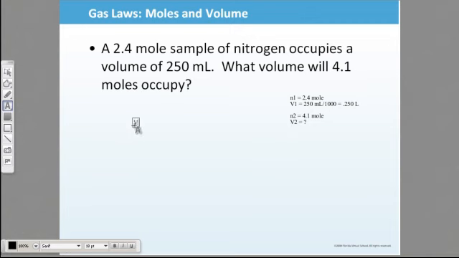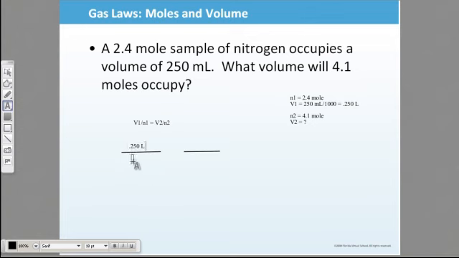All right, so again, the formula was V1 divided by N1 equals V2 divided by N2. So we just need to plug in what we have. The first volume was 0.250 liters.